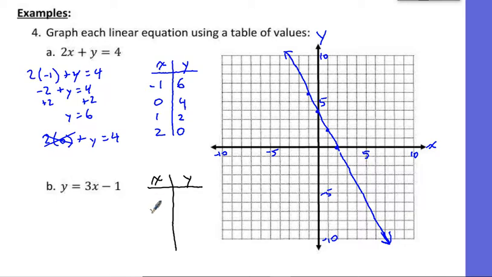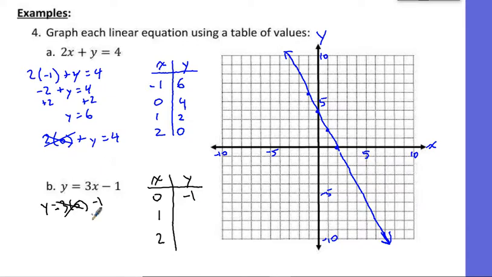Again, we'll choose some values: 0, 1, 2. When we substitute 0 in for x, y equals 3 times 0 minus 1. Again, 3 times 0 cancels out, and y equals negative 1.